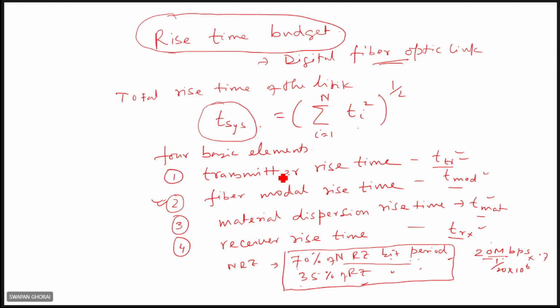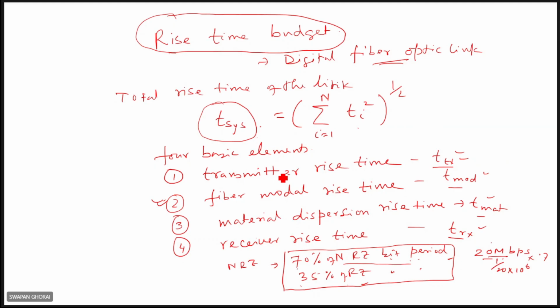There can be several fibers in between, and for each fiber the modal distribution, even if it is single mode, there can still be parameter variations like alpha variations in the refractive index profile, a little bit of variation will be there. For multimode, the modal distribution will be different, right? So it's a very complex phenomenon to determine this fiber modal dispersion rise time.